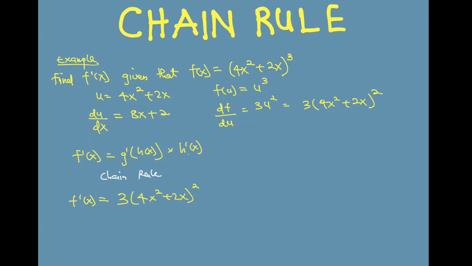Then the derivative of the inside becomes 8x plus 2. So we have f prime of x to be 3 multiplying 4x squared plus 2x all to the second multiplying 8x plus 2.